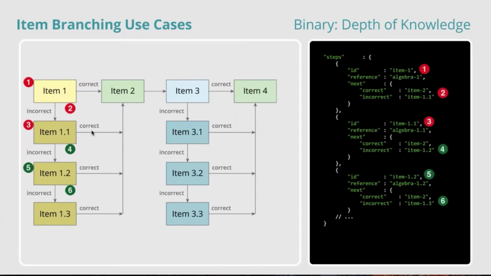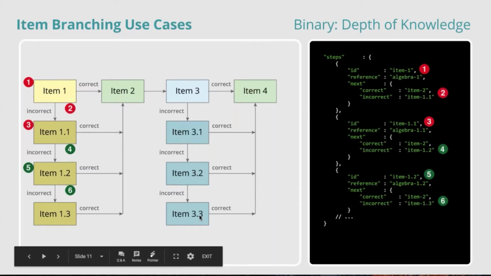At each step, anytime the answer is correct, jump out and go to the next item. So here again, no decision-making process there. Then in item 3, if correct, move on, but if incorrect, continue to show additional depth of knowledge items. And of course, you can see the corresponding numbers over here in the JSON.